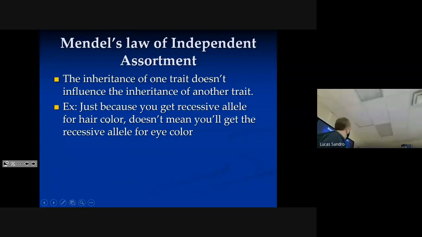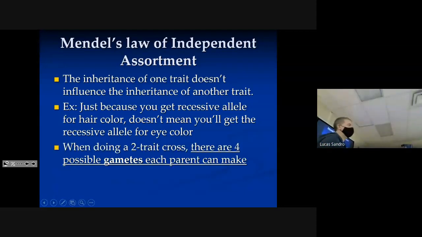We call this a two-trait cross, and it results in a maximum of 4 possible gametes each parent can make. And I always like to see how many of you can puzzle this out for yourselves. It's usually more than I expect. So let's try one. Let's try a two-trait cross without any other instructions from me.